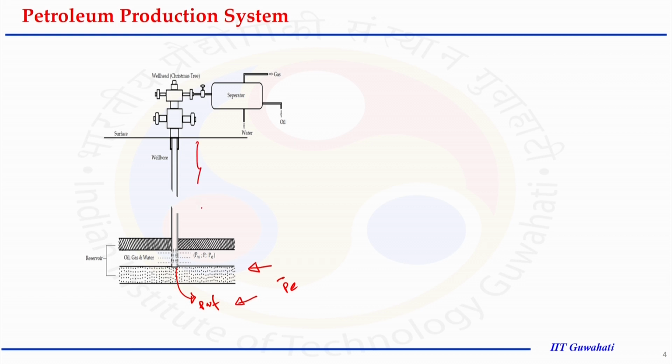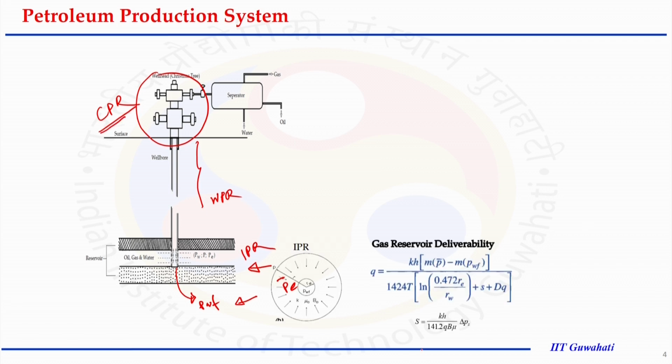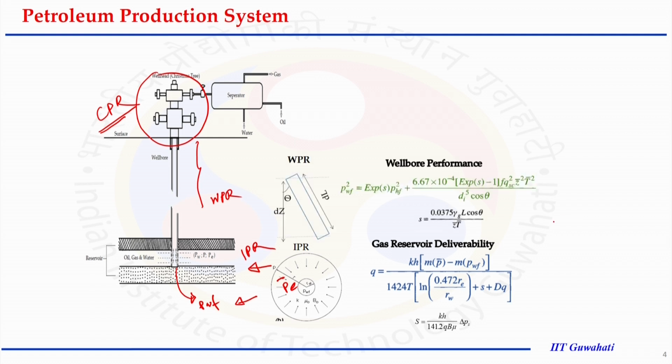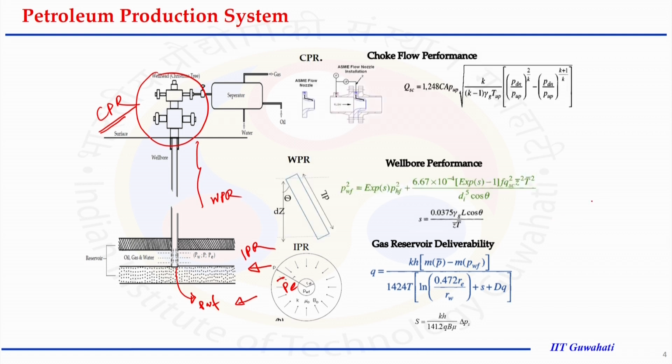This we call the IPR, and this is the top part where we just solved one example, and we call it the CPR. So mathematically we can say how several parameters are going to affect the Q, similarly for the WPR and choke performance.